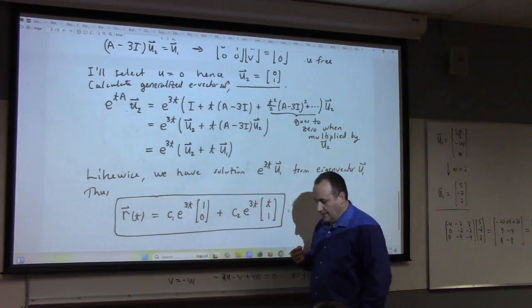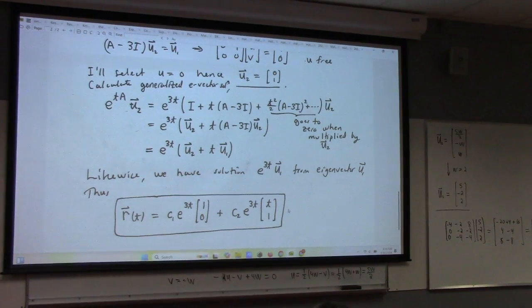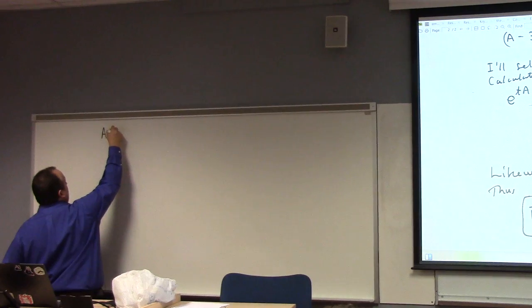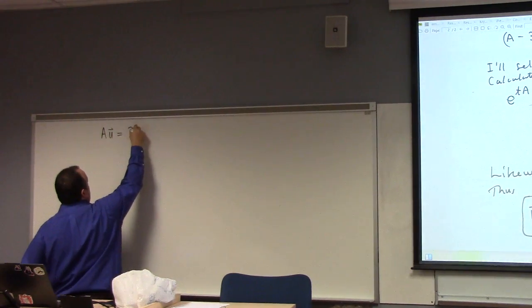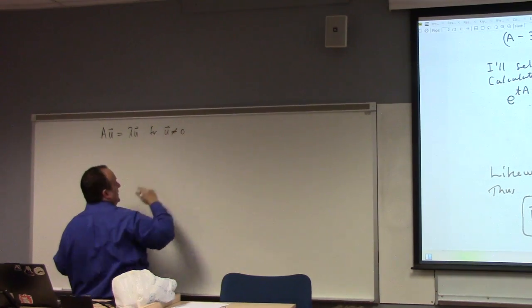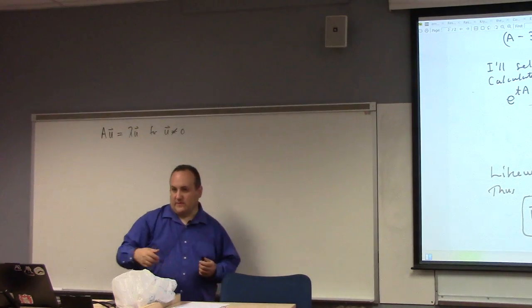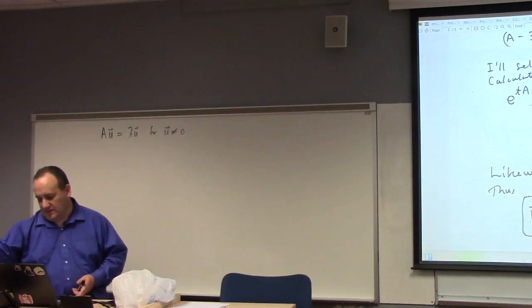Again, the structure here is that you're looking at an equation where you're trying to solve A u equals lambda u for u not equal to 0. That's what we're looking for. We're looking for an eigenvector solution.